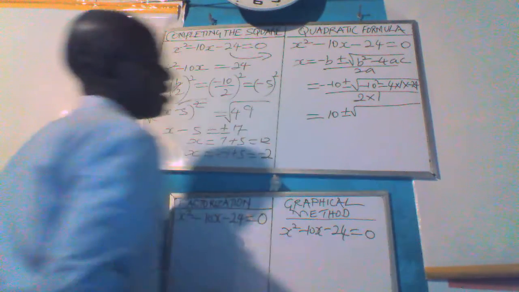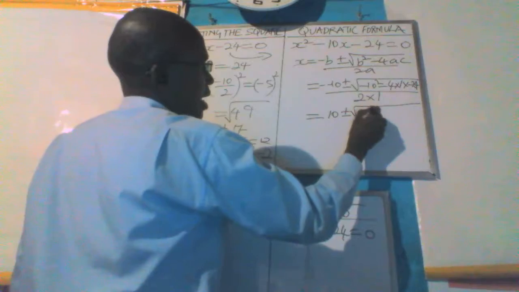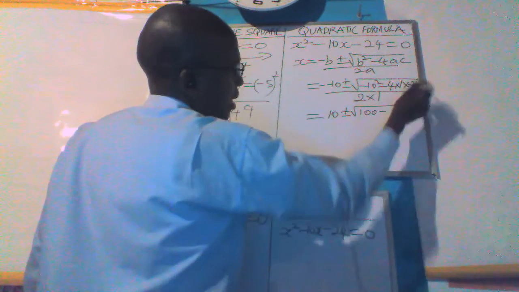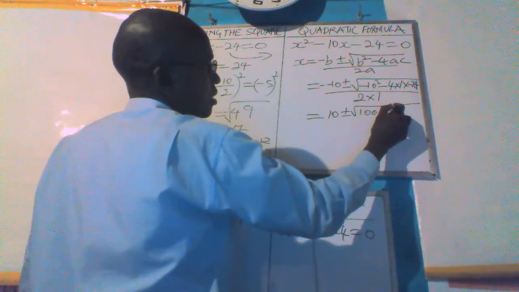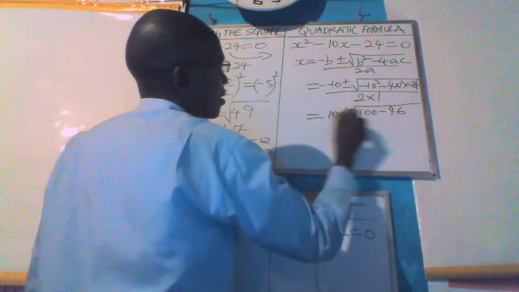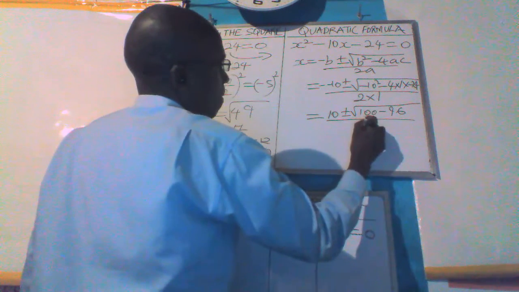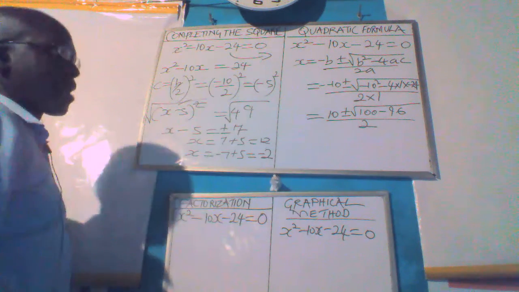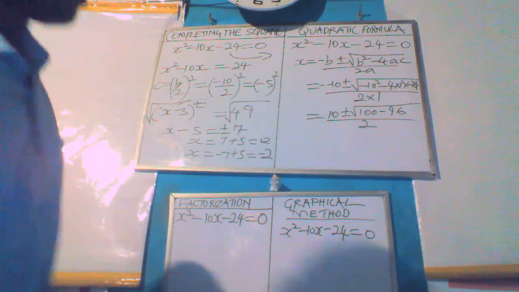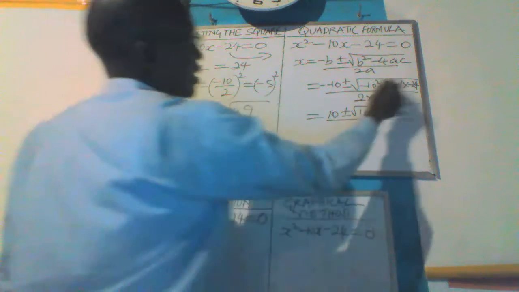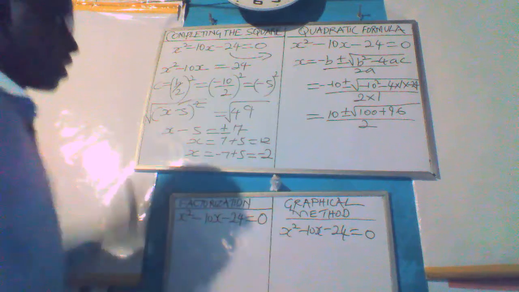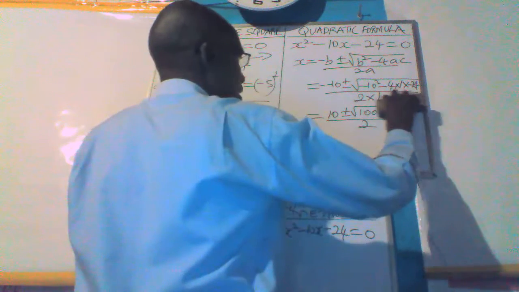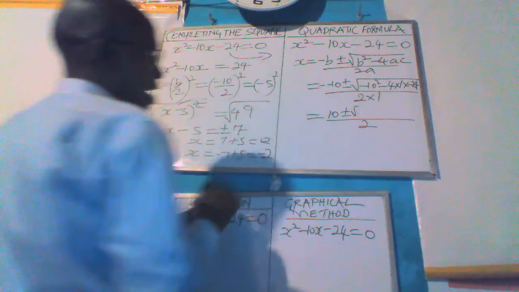Therefore we have 10 plus or minus the root of minus 10 squared, which is 100, minus 4 times 1 times minus 24. Minus times minus is positive, so that gives us 96, all over 2. And in summary, 100 minus and minus is a plus, so 100 plus 96 gives us 196.